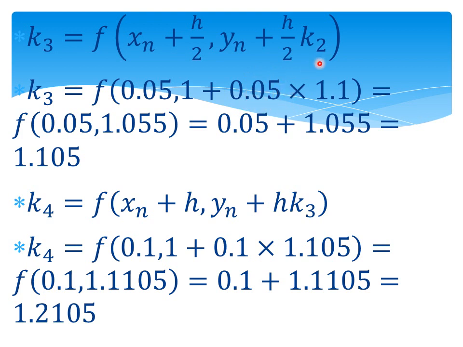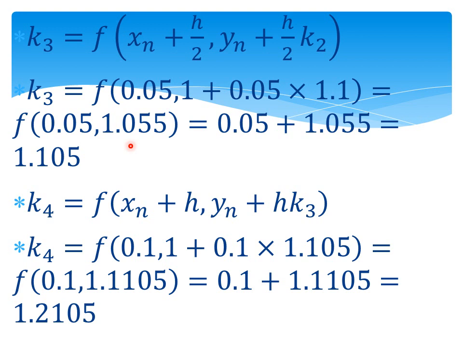k2, which we have already found before k3, has the answer 1.1. Then you write 0.05 the same, then a comma. After the comma, we solve these values. First you multiply 0.05 by 1.1, then we add 1, and we get the final answer 1.055.